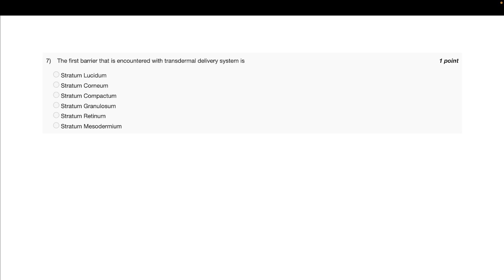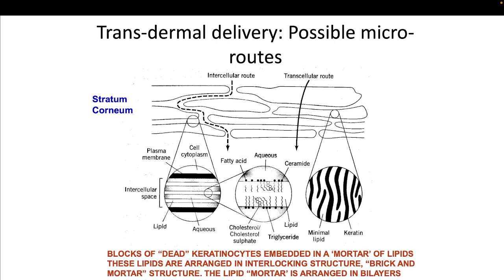Okay. Anybody else? Okay, no other response. Yes, you're correct. The first layer of the skin after giving your transdermal delivery of the drug is the stratum corneum, which is made up of these lipid layers. So, a pretty straightforward question, nothing much to discuss here.